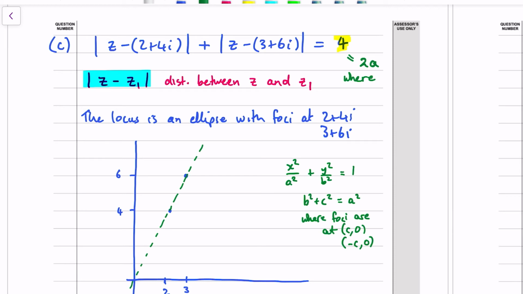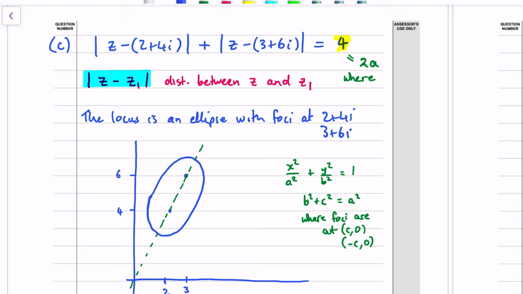The 2 points 2, 4 and 3, 6 are collinear with the origin. It did ask to sketch it, so in terms of the size of the ellipse, it turns out that the ellipse is actually only in the first quadrant. It never breaches the axes.